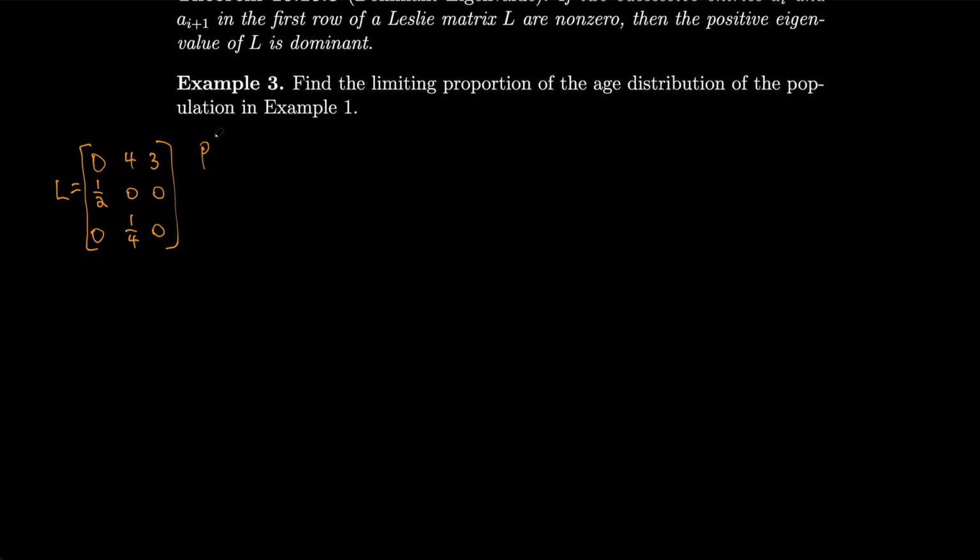Let's get the characteristic polynomial p of lambda. So that's lambda cubed minus 2 lambda minus 3/8.